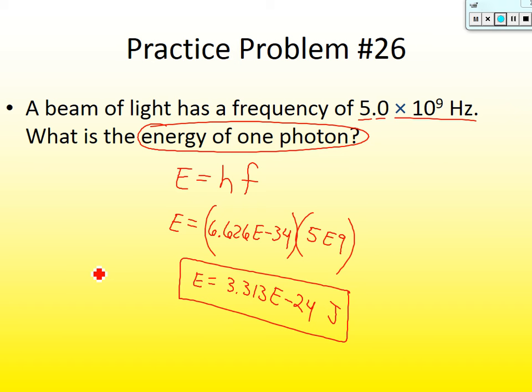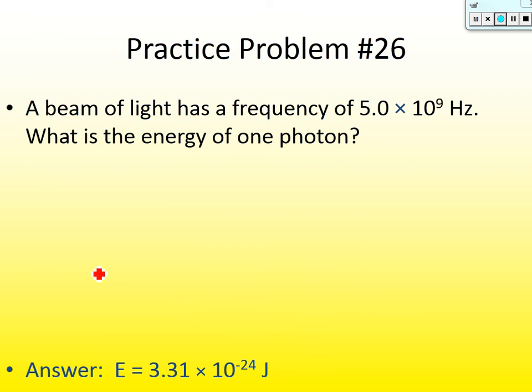So it's going to be 0.0000. You know, it's a very small number. But that's just one photon. There are a lot of photons in the light ray. So that's just one of the photons. Okay. And we did get it right there.